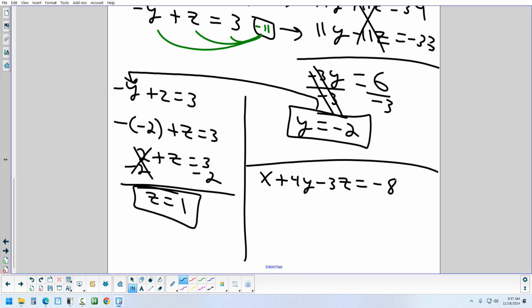Why are we plugging in nothing? Because there's no answer. Yeah, but that's what we're solving for. We've already solved for y and z. We do not have anything to plug in for x. So x stays as x. What are we plugging in for y? Negative 2. And what are we plugging in for z? Plugging in 1.